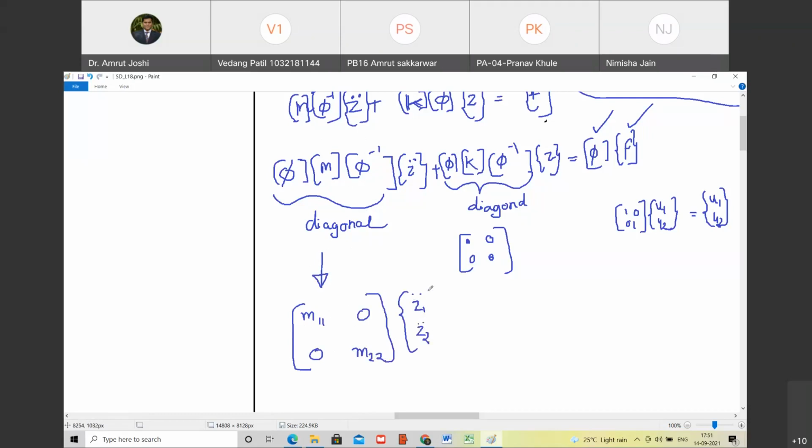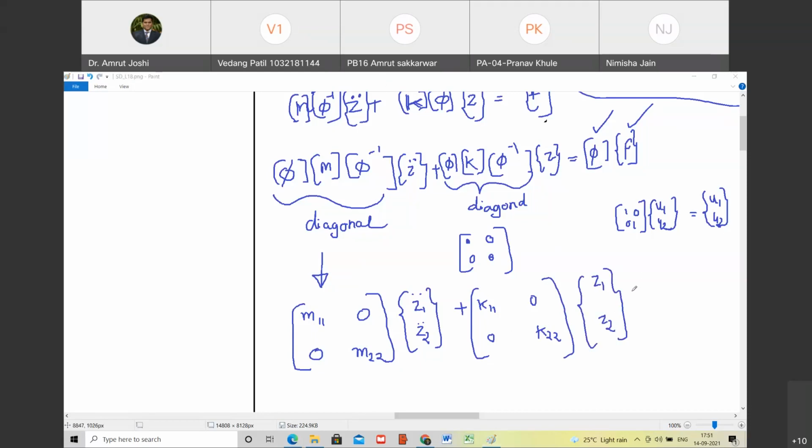Do you agree with me? Plus phi K phi inverse is also a diagonal matrix. It is something similar to the K matrix in the new coordinate system. So I am going to call it k11, 0, 0, k22. Happy? And Z is Z1, Z2. Happy?